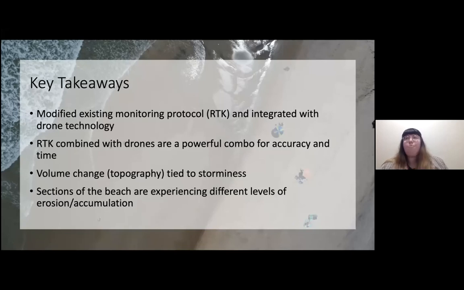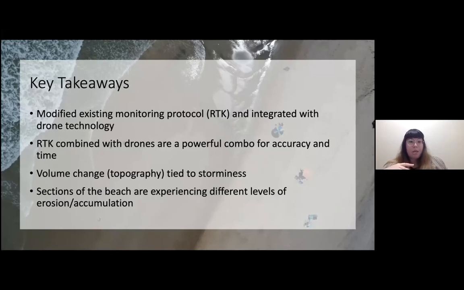We got so much data during this study, but I settled on 4 key takeaways that I think are really important. One is that we are able to modify an existing monitoring protocol that uses RTK and integrate this successfully with drone technology.